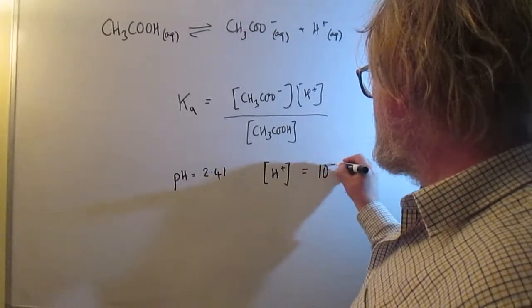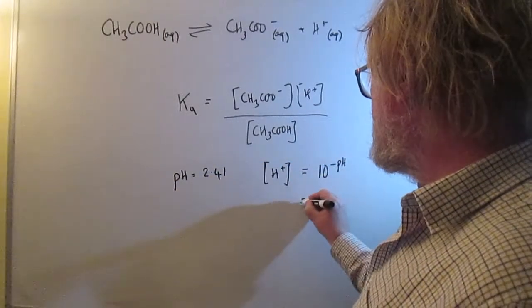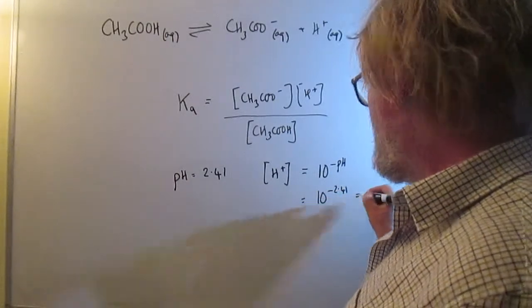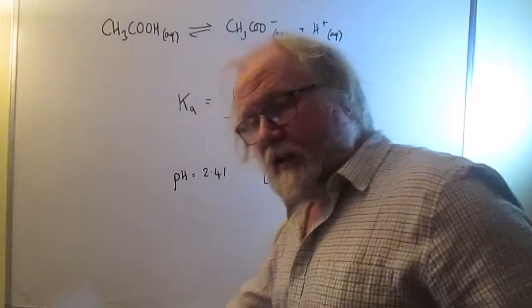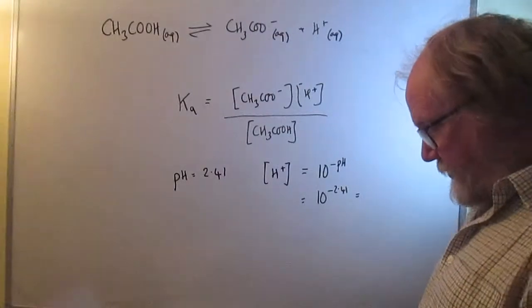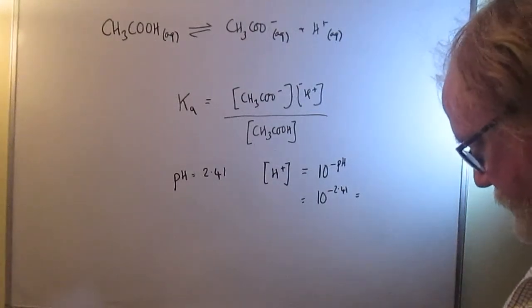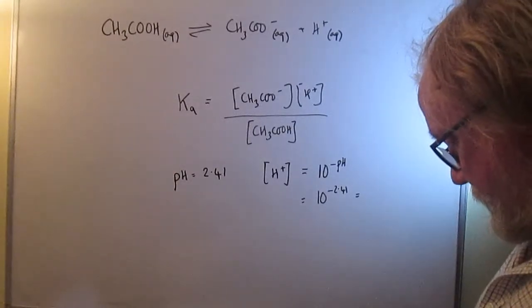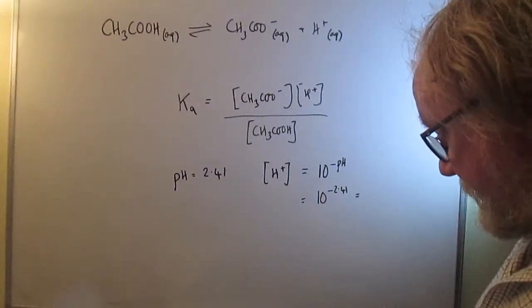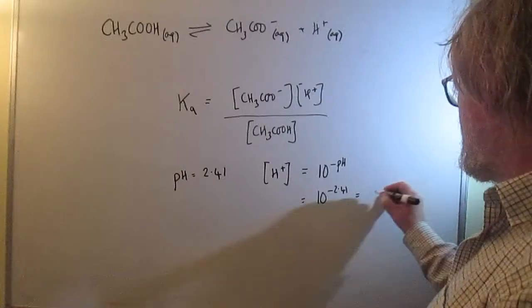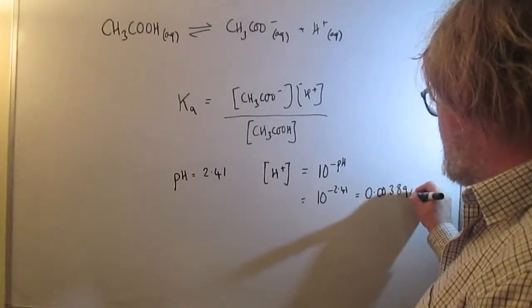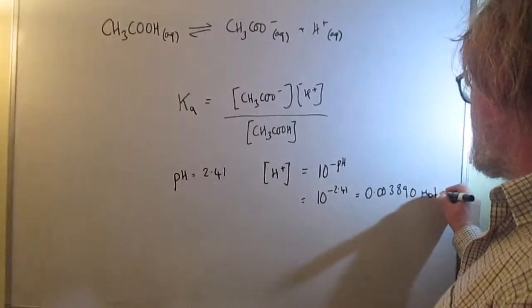So H+ is 10 to the minus pH, which is 10 to the minus 2.41. On your calculator, that's the inverse of the log function. So you just do shift log of minus 2.41, and you get 0.00389 moles per dm cubed. So that's the first thing.